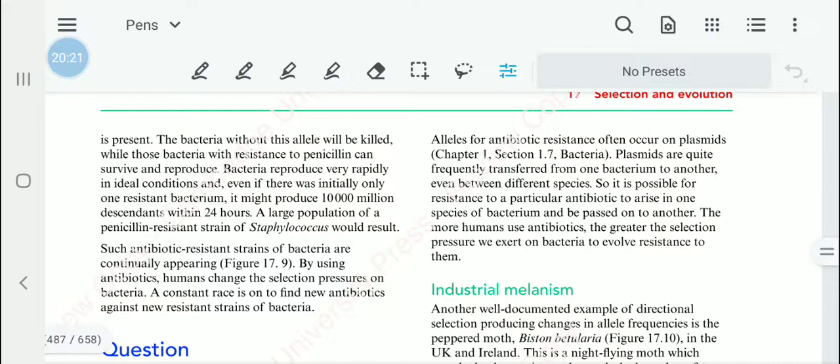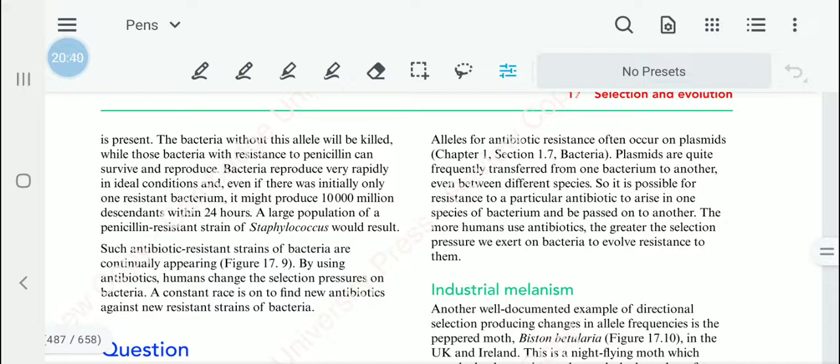So then the disease will continue to be in the body. These kinds of antibiotic resistant strains of bacteria are continuously appearing.